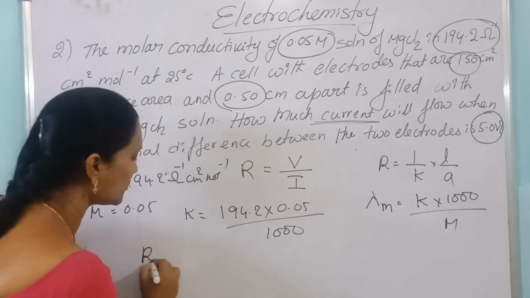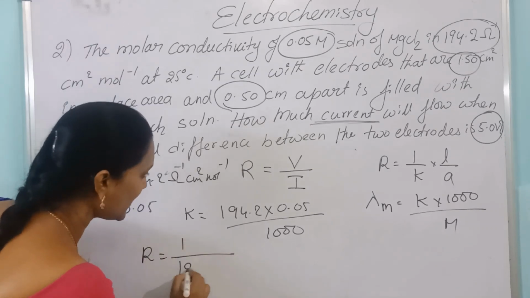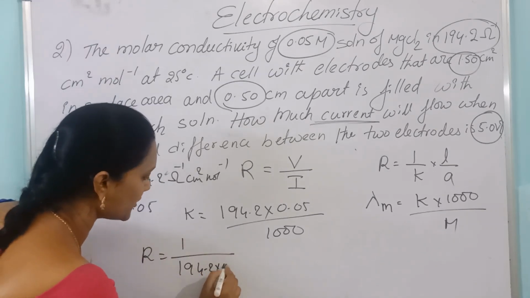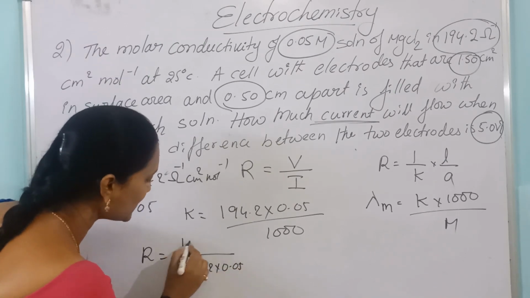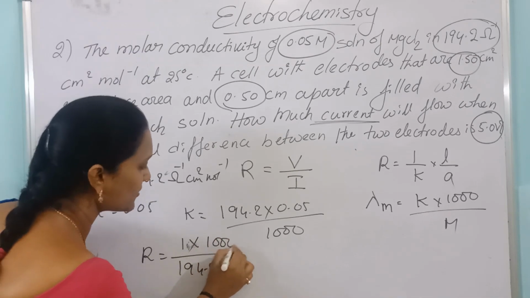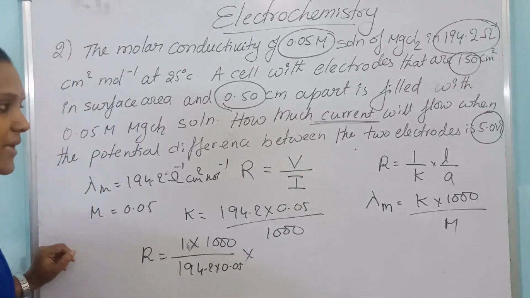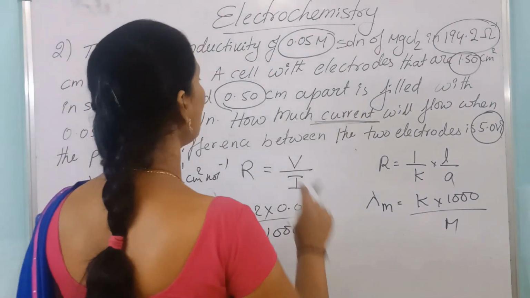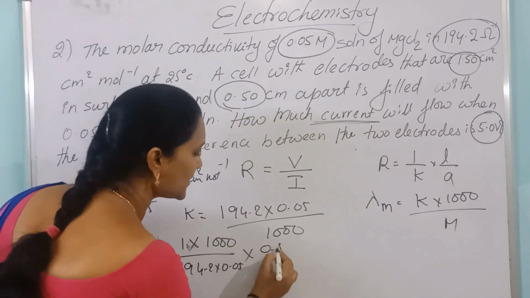Then substitute here the resistance. Resistance is equal to 1 by K into L by A. So I am writing like this: 1 into 1000 by 194.2 into 0.05, this is 1 by K. L how much is given? Length 0.50.